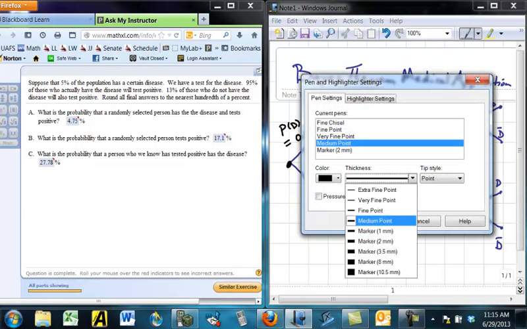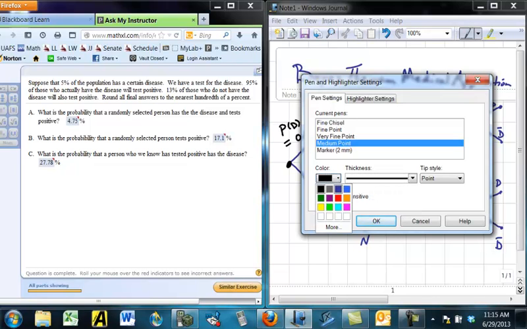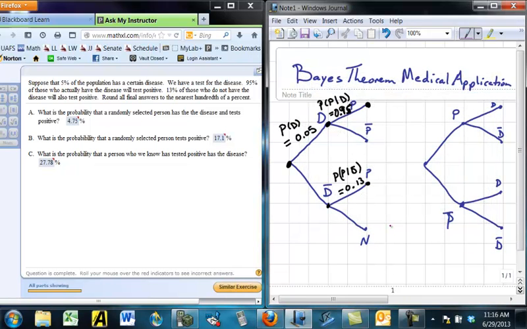Alright, now we're going to use some things that we know about trees to help us with the next bit of information. First thing we know about trees is that all of the probabilities coming out of a particular vertex must add to 1. So the probability of no disease has to be 1 minus the probability of a disease. So that's 0.95.